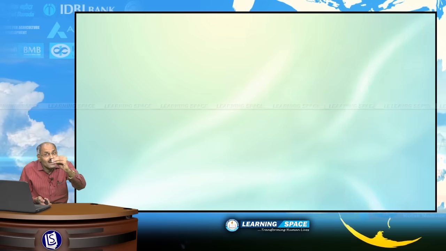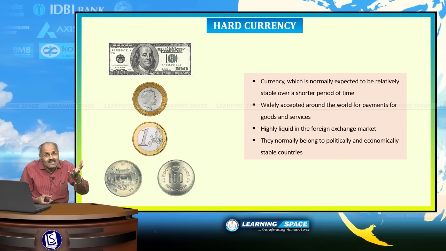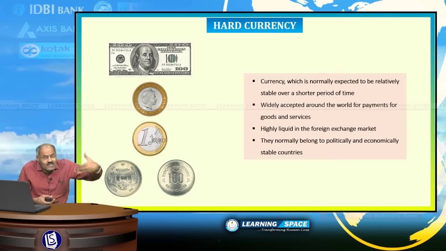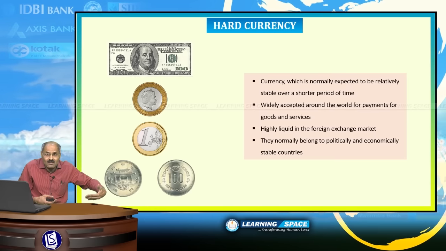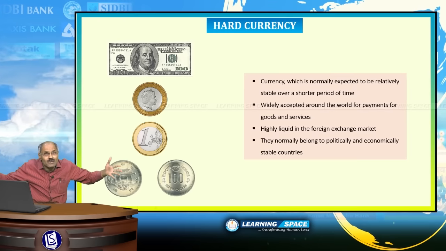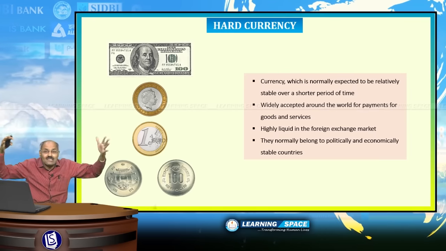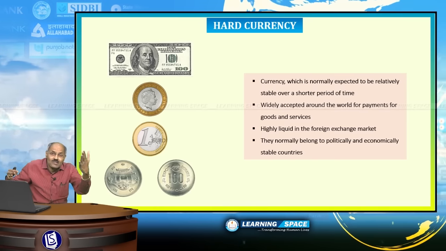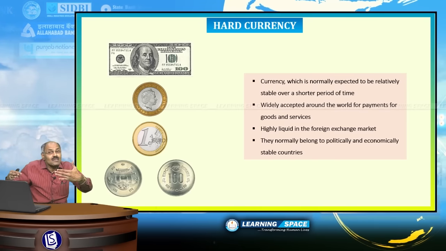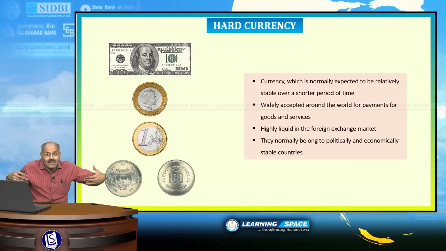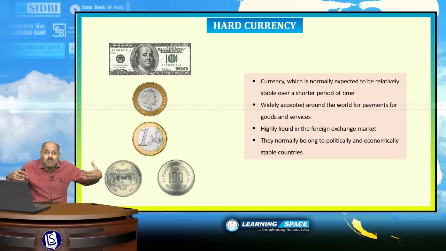Next one is hard currency. Hard currency is the currency which is normally expected to be relatively stable. That is one point. Second point is it is widely accepted for various payments across the world, and highly liquid in the foreign exchange market. They normally belong to politically and economically stable economies.